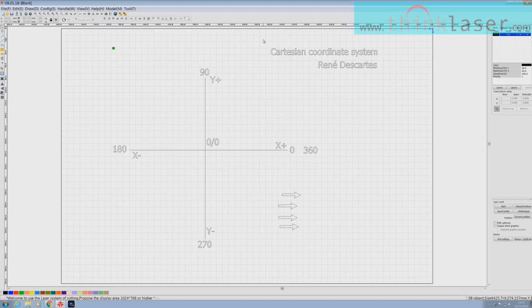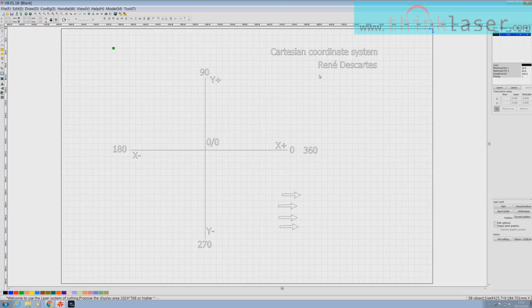This Cartesian coordinate system is basically nothing more than whenever you put a point somewhere, and let's just put my cursor just there, that point is defined by a y plus dimension and an x minus dimension. That would define where that point was in space.